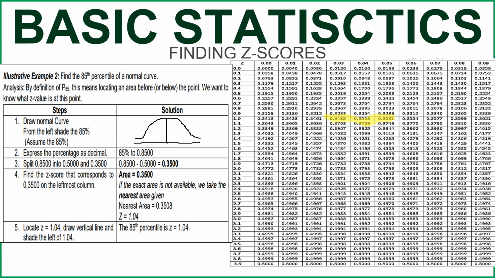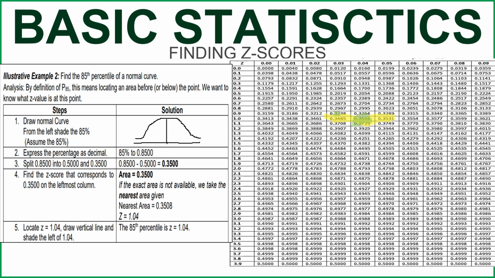So, alin yung mas malapit sa 0.35 dyan? Is it 0.3485, 0.3508, or 0.3531? Mas malayo-layo na yung 0.3531, right? So, our answer is 0.3508. Ayan. Kasi 0.3485 naman, 0.0015 yon.